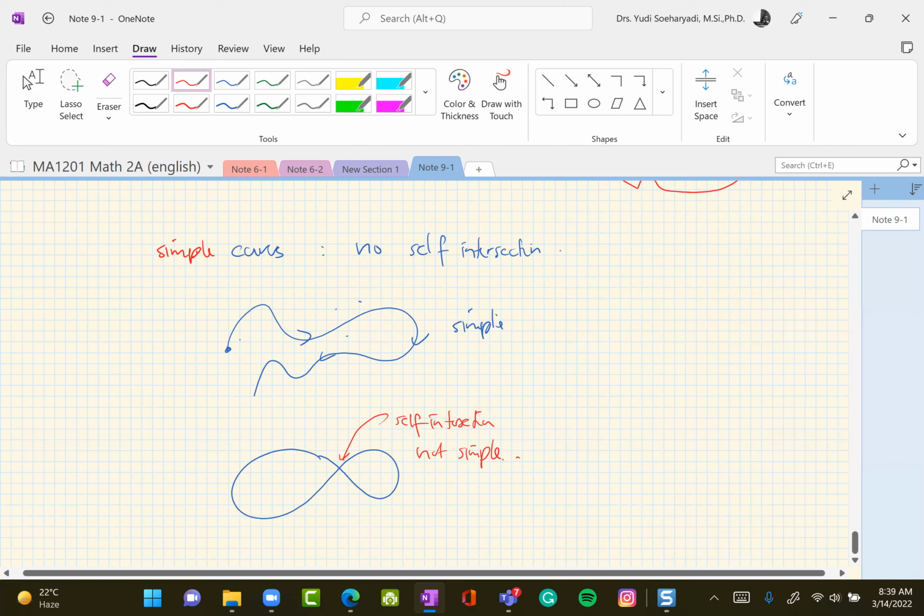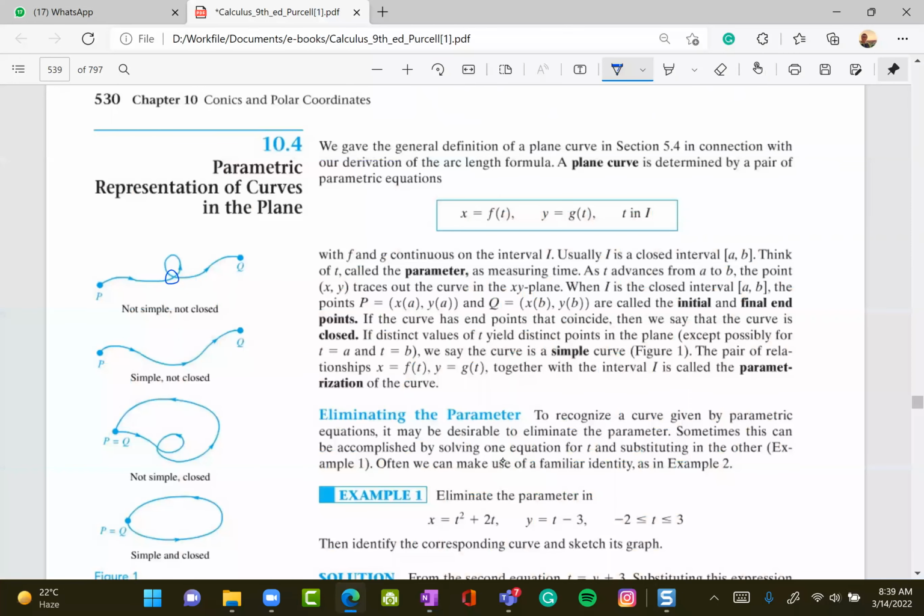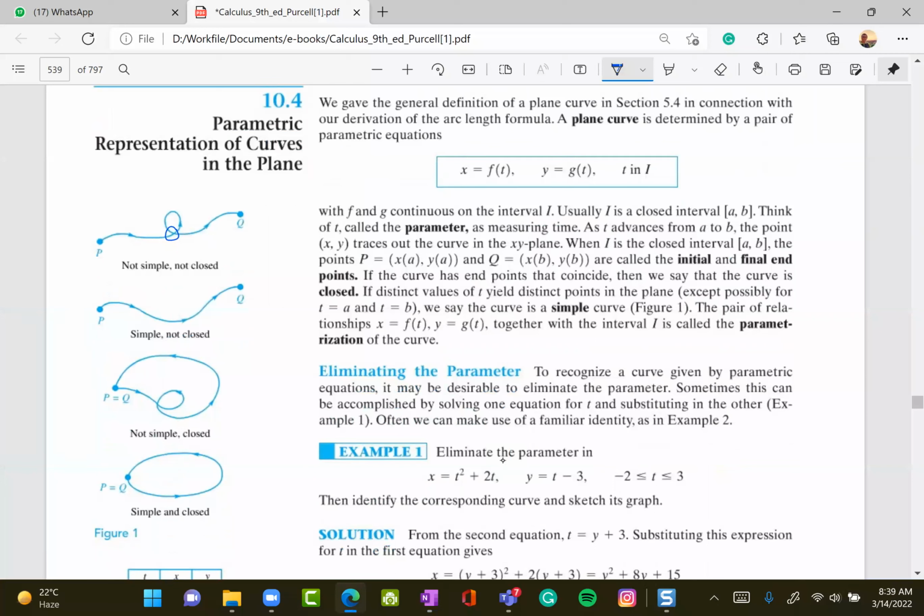Okay, so based on this, we can go back to this picture. This is not a closed one because the endpoints and the initial points are not the same, but you have self-intersections. So this is not simple.